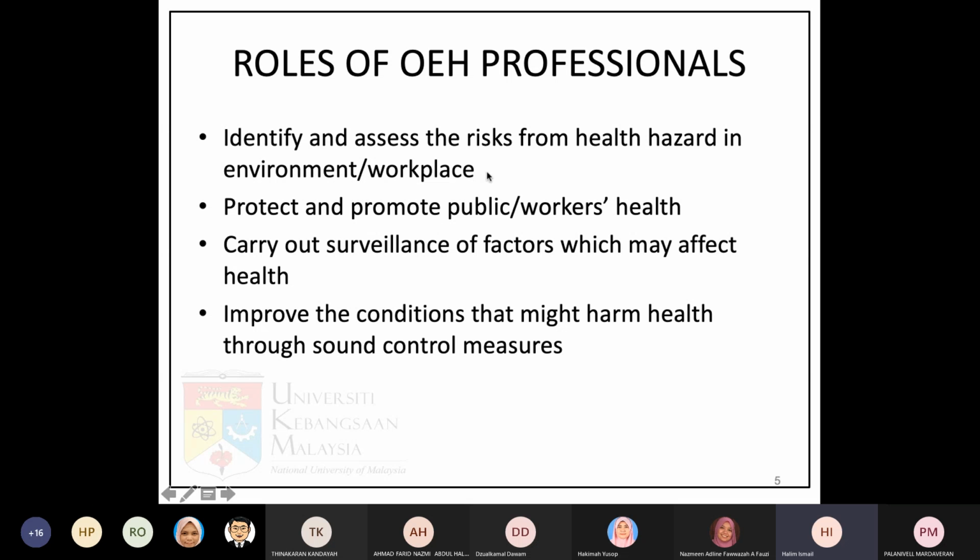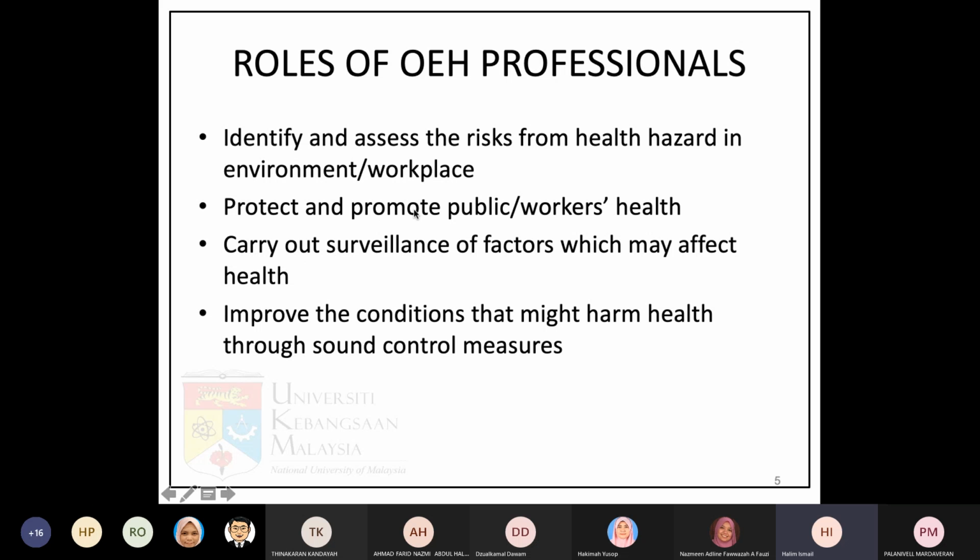So in the occupational setting, more on workers' health, but environmental health is more on the public and also workers' health as well. Whatever happens in the environment affects the public and the workers as well, right? So carry out surveillance of factors which may affect health. So they do all this form of surveillance, okay, and improve the conditions that might harm health through sound control measures.